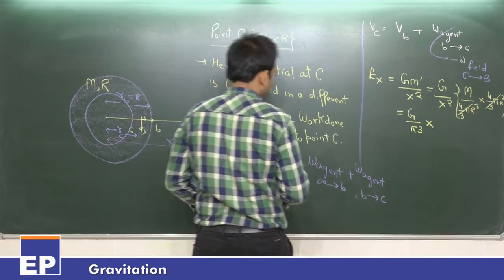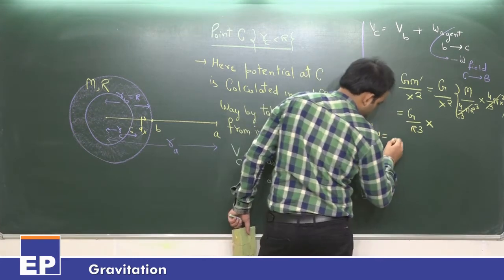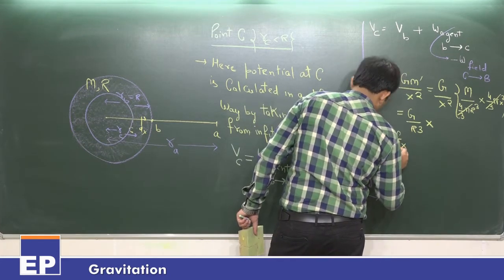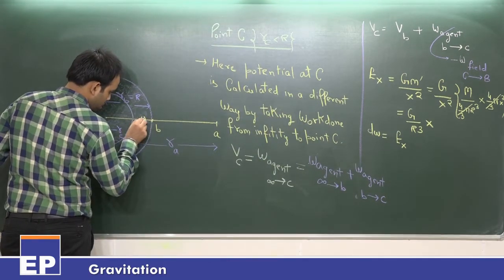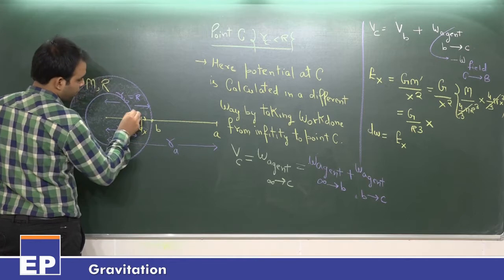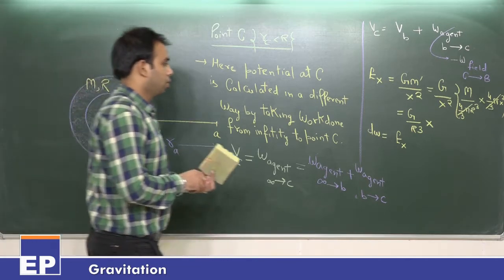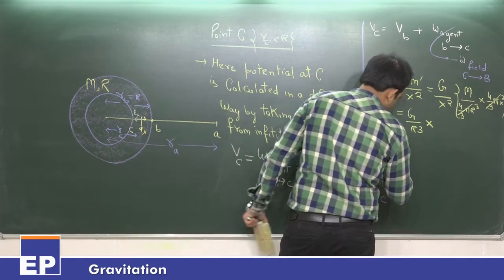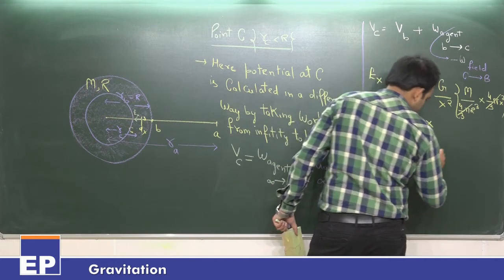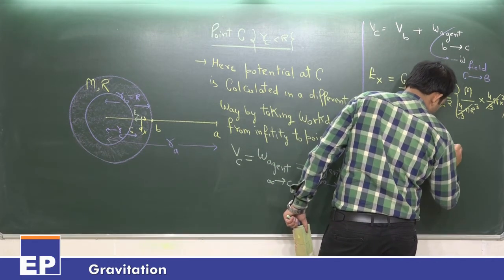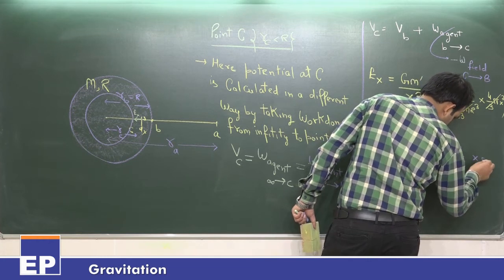So what is the work done, dW? The field is in this direction, EX, and dx is in this direction, so it is minus EX into dx. What is this? GM by R cube X dx.